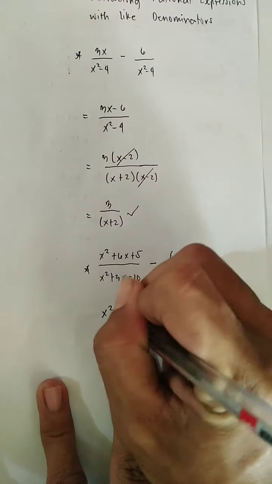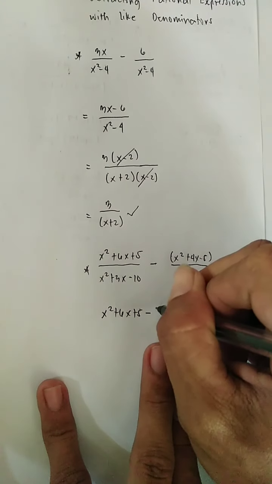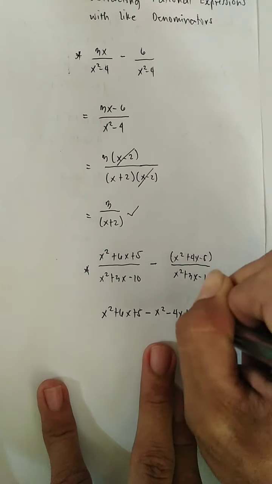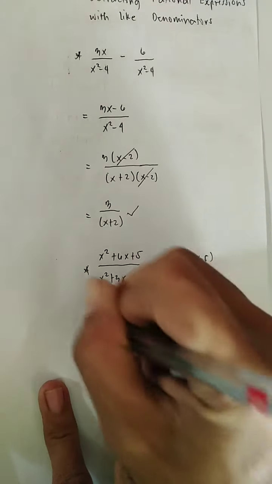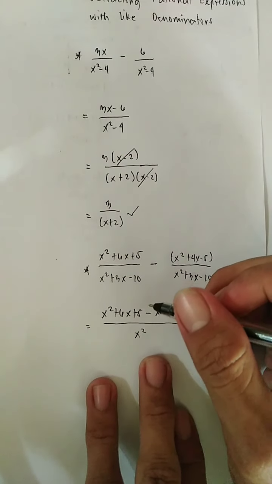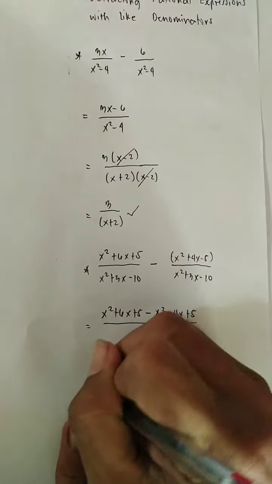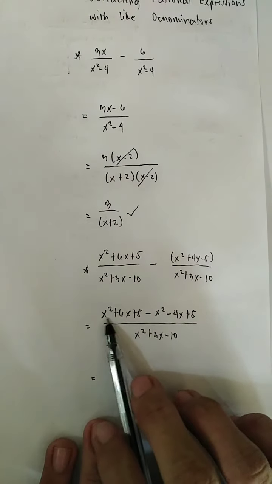So x squared plus 6x plus 5 minus x squared minus 4x plus 5 all over, copy the denominator as our rule stated, x squared plus 3x minus 10, is equal to, now in the numerator let us combine like terms.